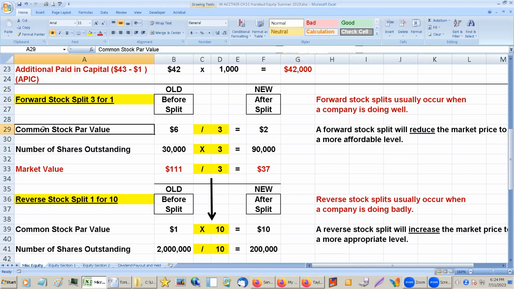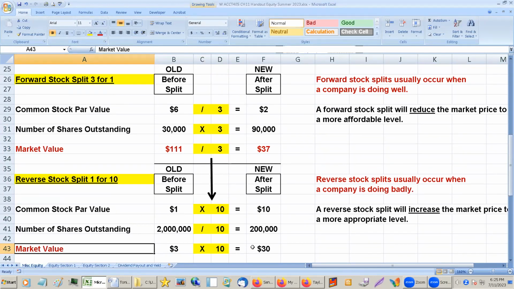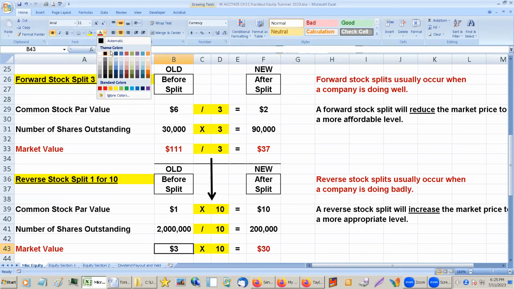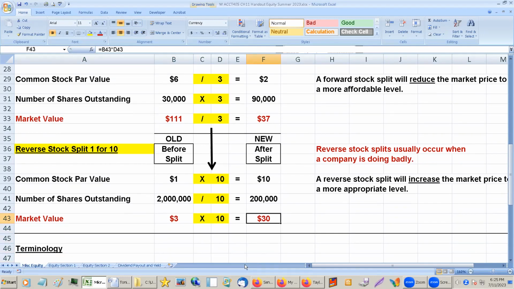So the stock split means you get more shares of stock, the value drops. Reverse stock split means you get less number and you get the stock price to increase, which is what you really want to do. You want it to get up out of this really low area and get it back into kind of like a normal trading amount.